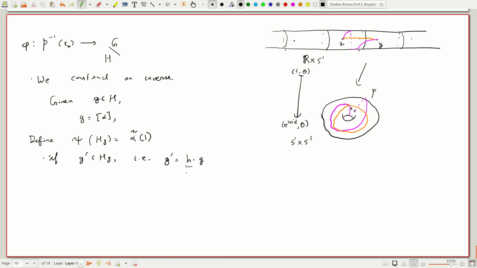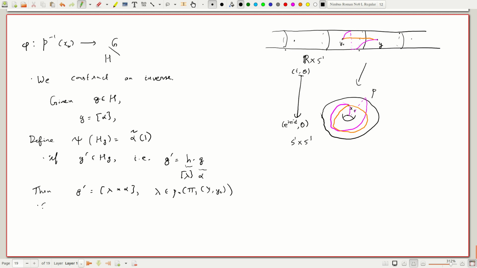Let's pick a representative. Assume this is lambda, and assume this is alpha. So then g prime is the class of lambda star alpha, where lambda belongs to p star of pi 1 of y0.